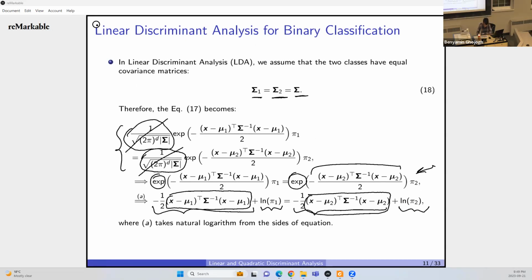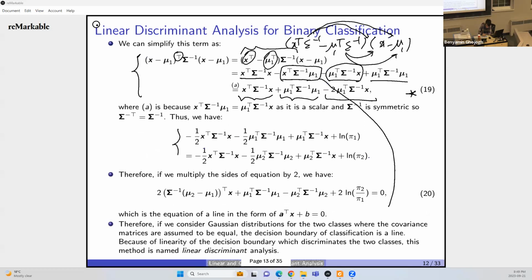If we put that, we'll have this, which is exactly what we found here, and this logarithm of pi 1 plus logarithm of pi 2. Agreed? Now we can simplify this. Interestingly, these two cancel each other, again because of the assumption that sigma 1 equals sigma 2 equals sigma.